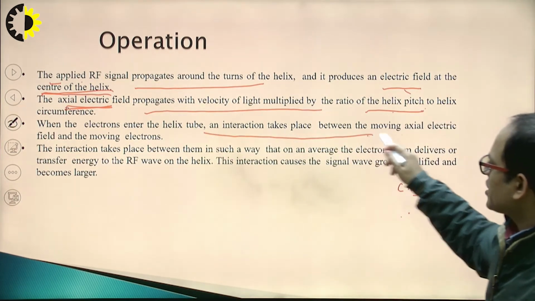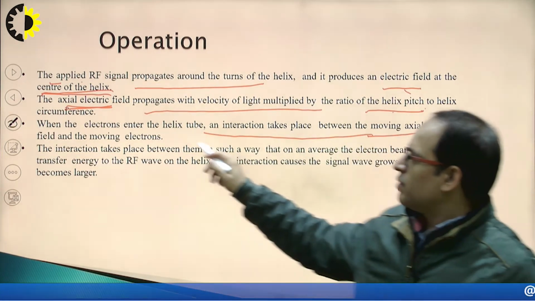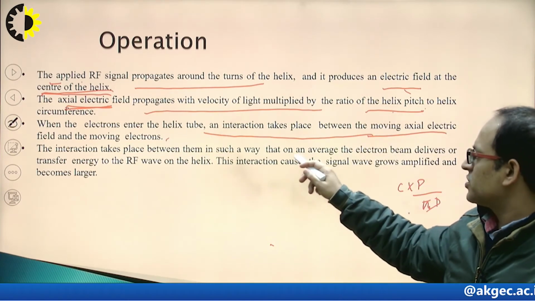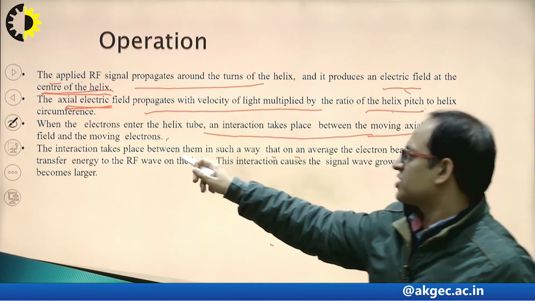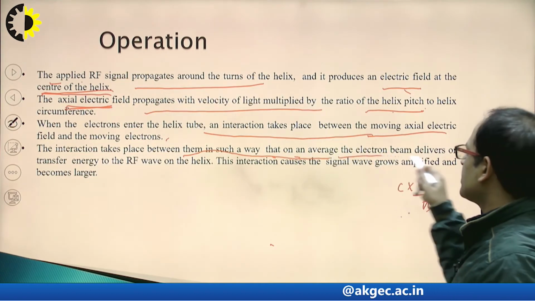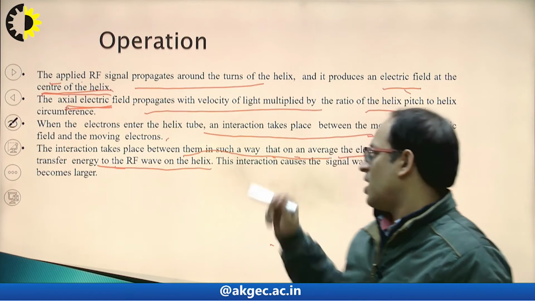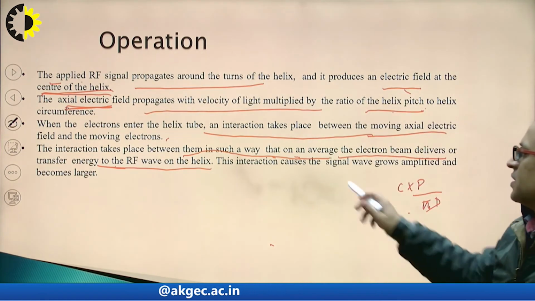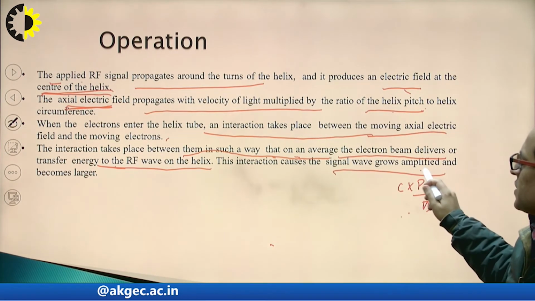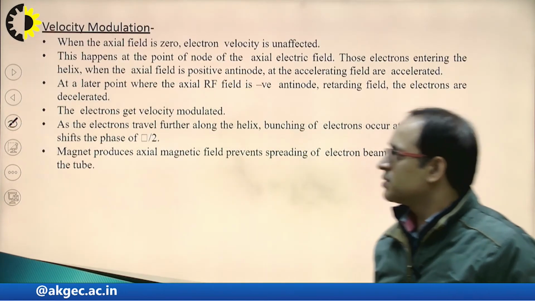The interaction between the moving electric field and the moving electron takes place in such a way that the average electron beam transfers its energy to the RF wave. Clear? This leads to the signal wave growing, being amplified, and becoming larger.